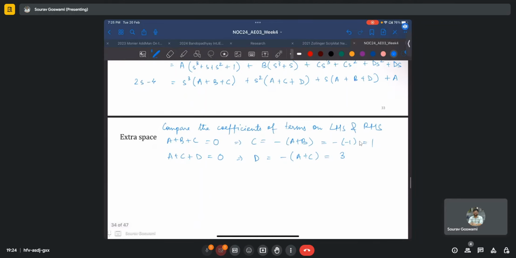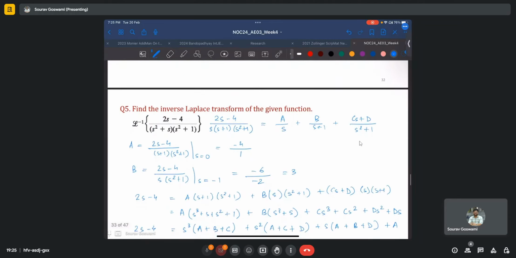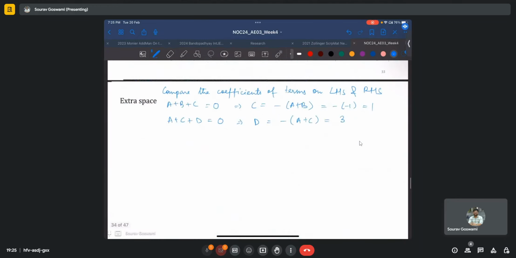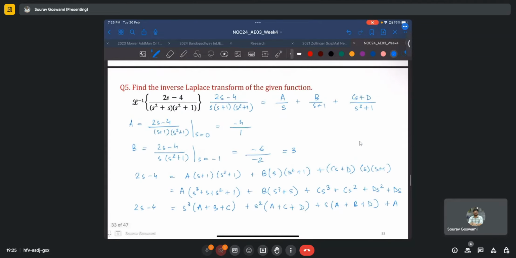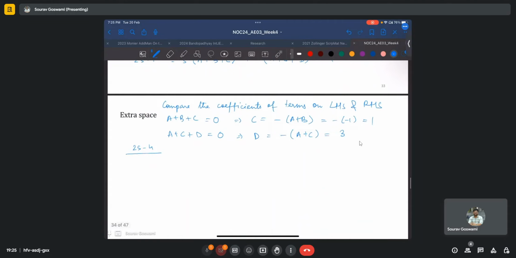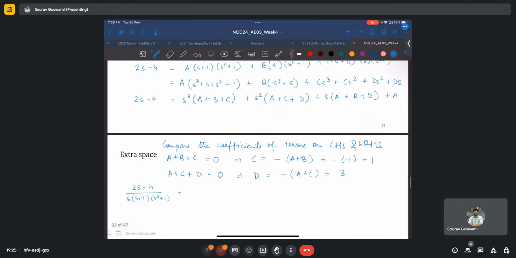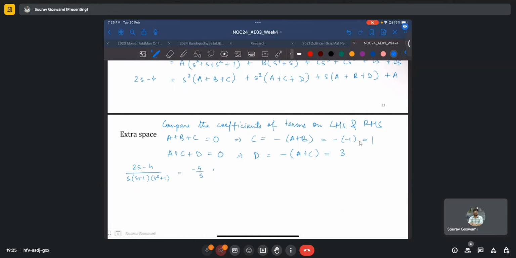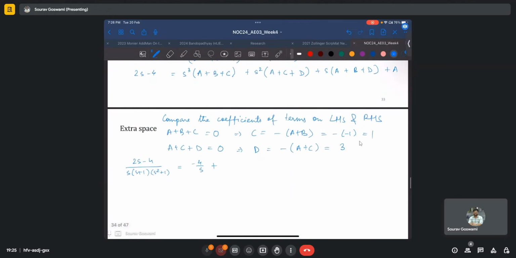In this way, we have decomposed the given function into partial fractions. So (2s minus 4) by (s plus 1)(s square plus 1) is equal to minus 4 by s plus 3 by (s plus 1) plus (cs plus d), so 1s plus 3, by (s square plus 1).